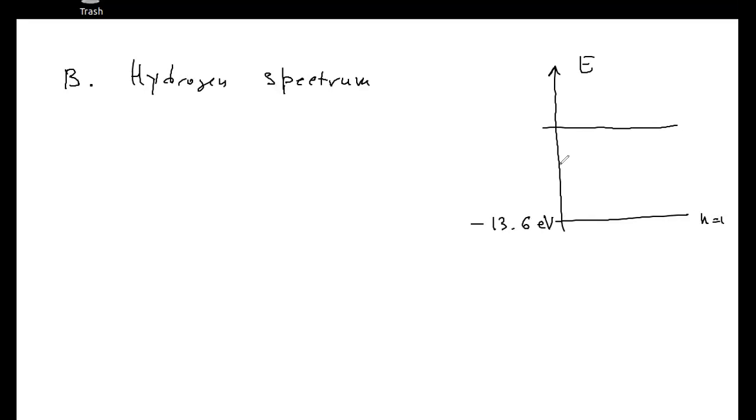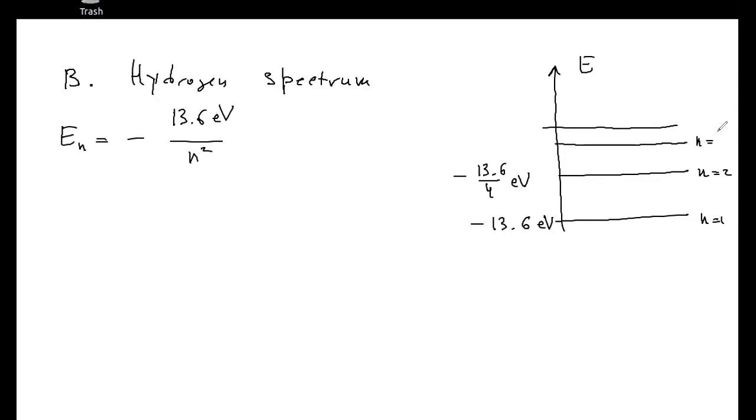The next level would be 4 times less, so it's going to be minus 13.6 over 4 electron volts, because the energy in hydrogen equals negative Rydberg constant over n squared. So this is n equal 2. And then the level number 3, n equal 3, would be negative 13.6 over 9, yeah? Because I want to plug n equal 3 into this equation.